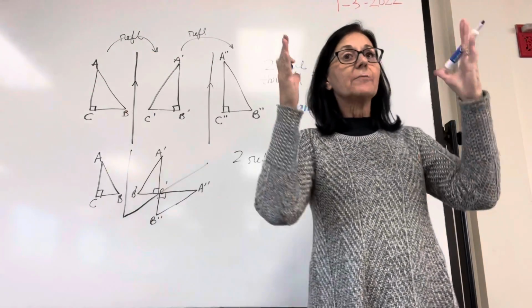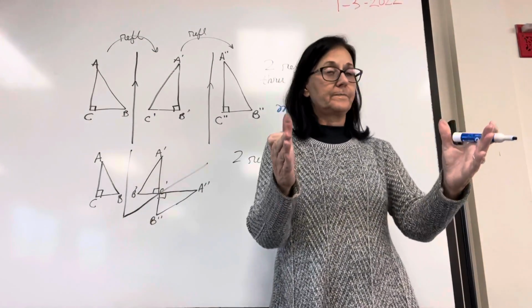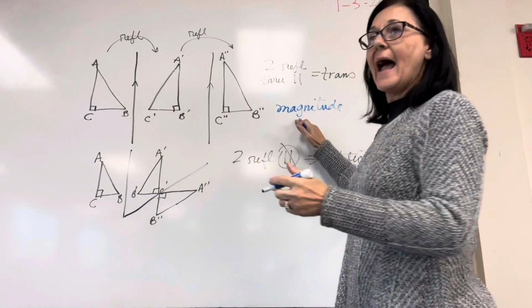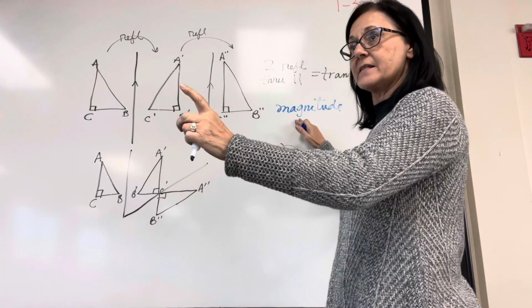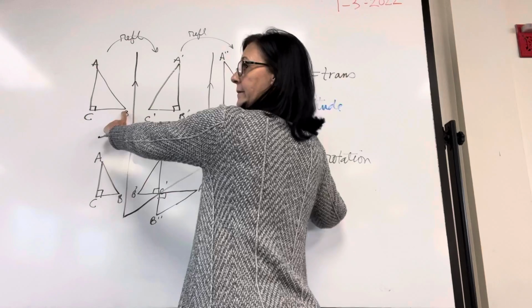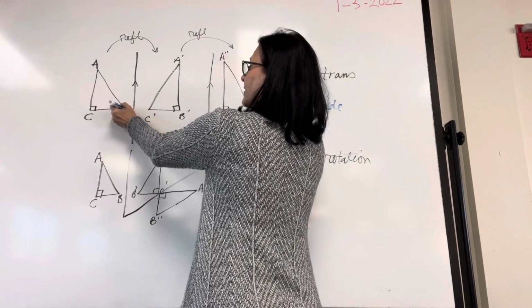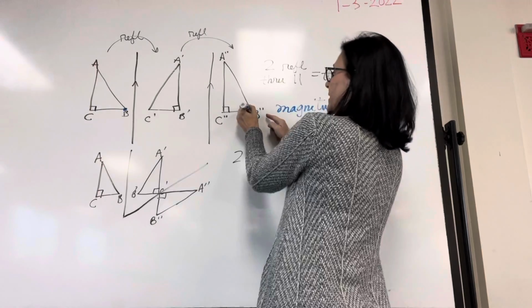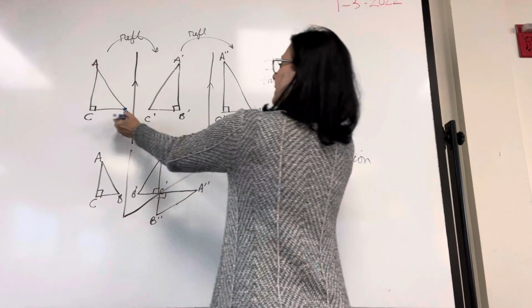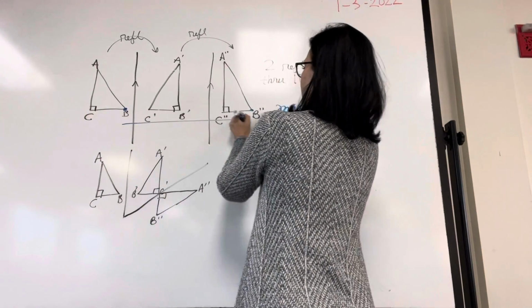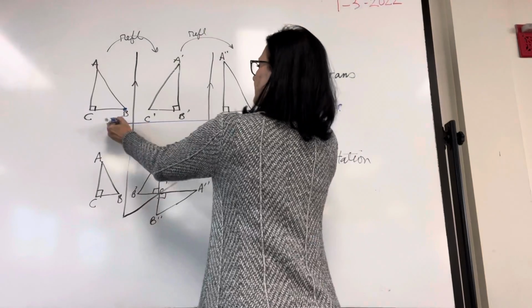But when the lines are parallel, it's not angle. So the magnitude is the distance from the first one to the last one. So the magnitude here would be the distance between B and B double prime. This would be the magnitude.